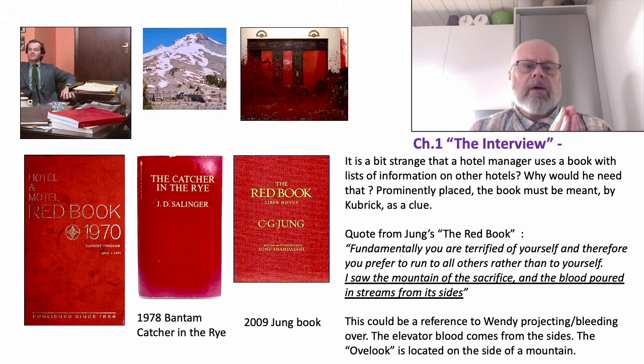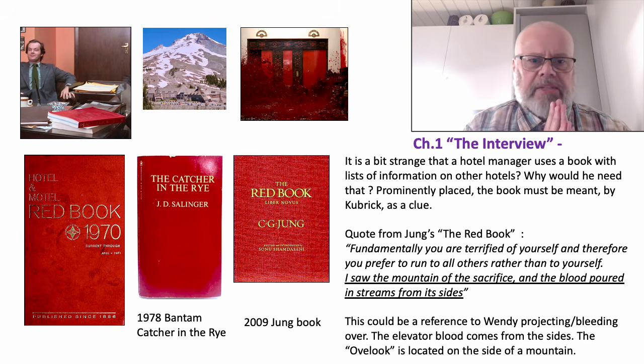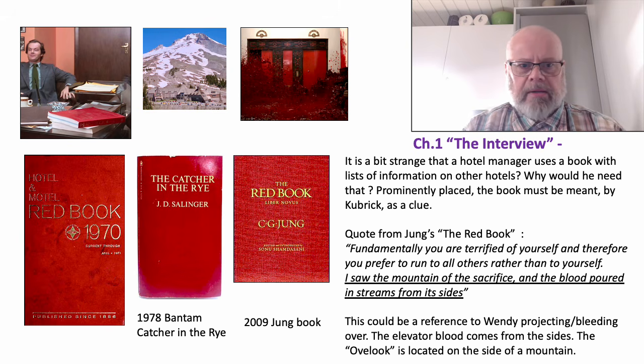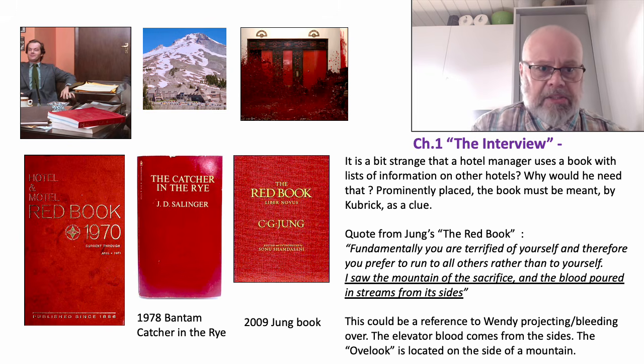So the 1978 Bantam, which I found here, looks very much like the hotel Red Book, the one lying there, or some similar issue. It's the hotel's book, not Jung's Red Book lying there, because that wasn't issued in 1978. But it looks similar to the one I found from 1970.